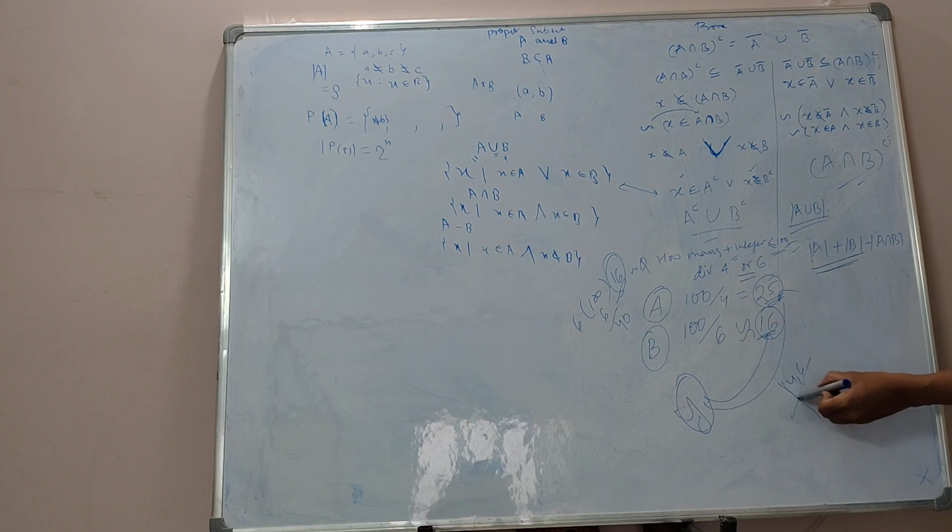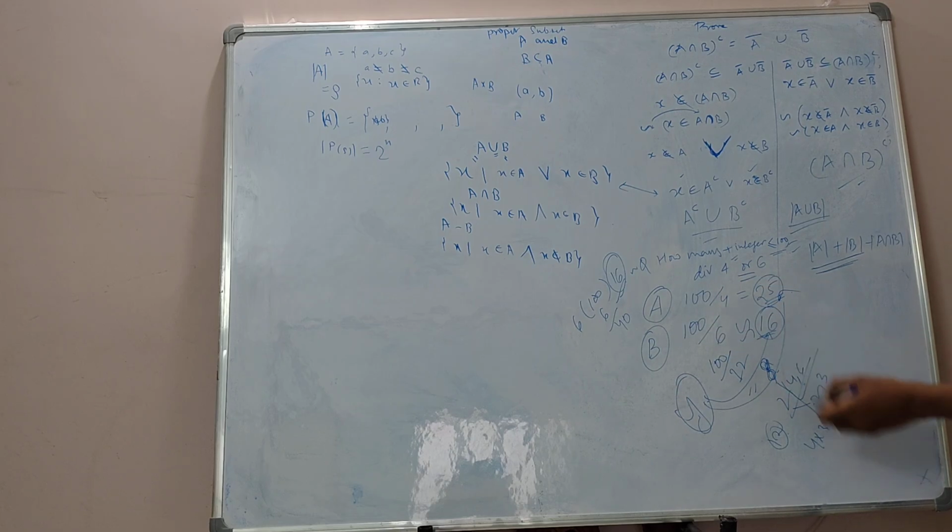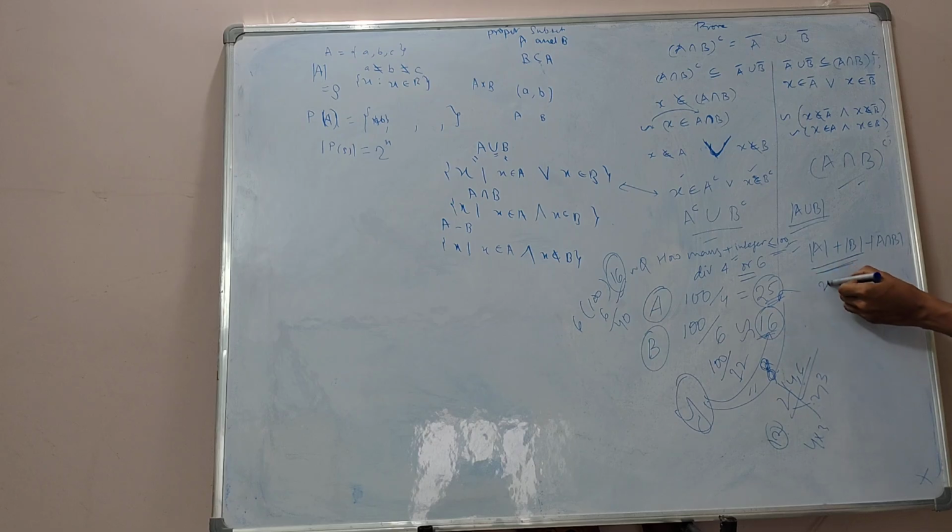So the LCM will be 12. So those numbers divisible by 12 I will subtract. So it will be, right, this is 8, not 9, 8. So I will add these two and remove this. This is my answer, right.